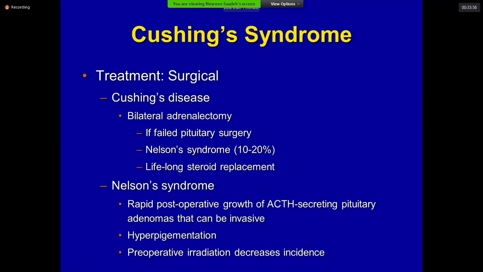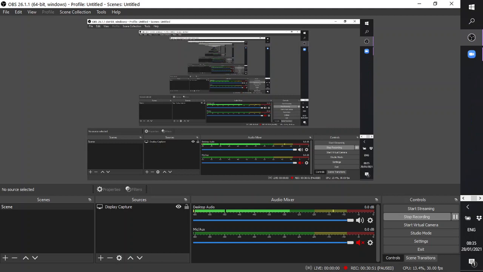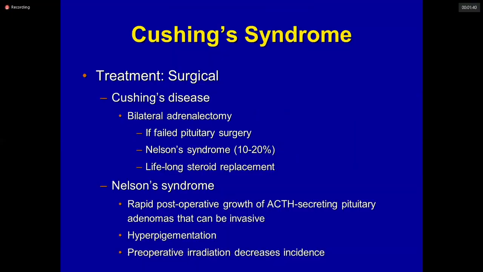Now, in Cushing's disease, sometimes if it's all failing, in a few cases the patient may need to have bilateral adrenalectomy, because sometimes it will be hard to control with surgery and irradiation.